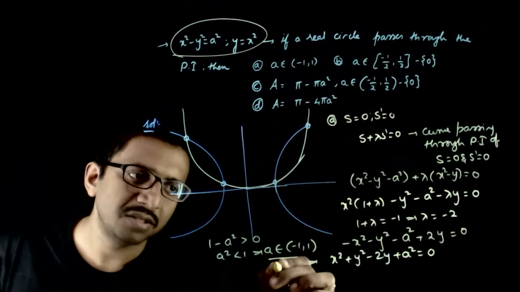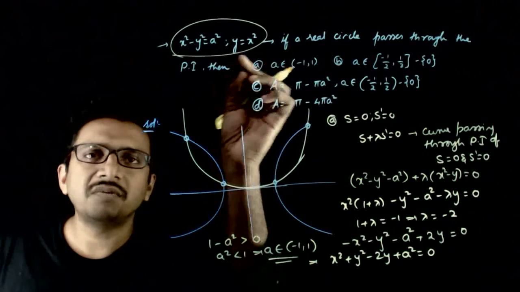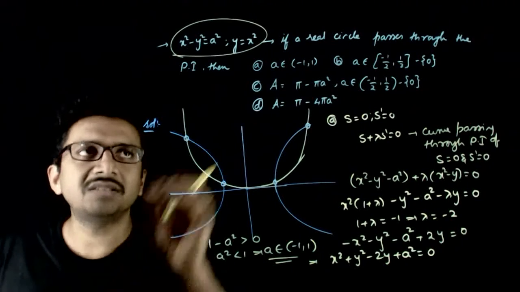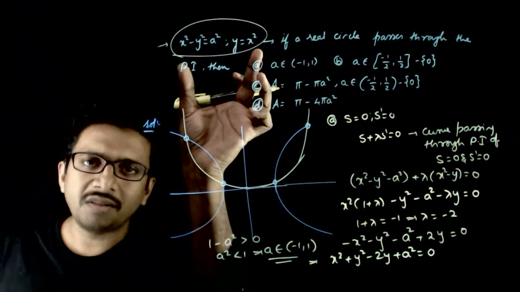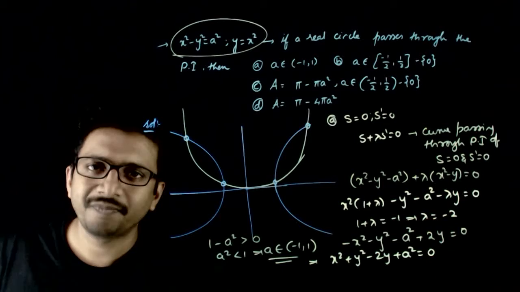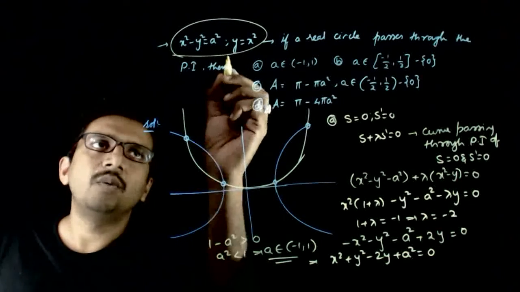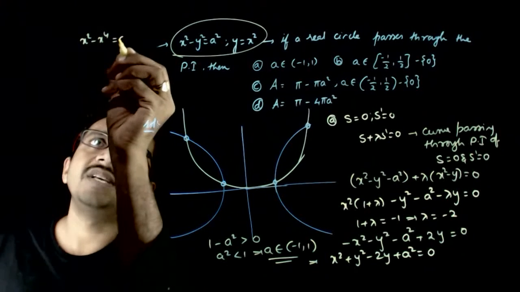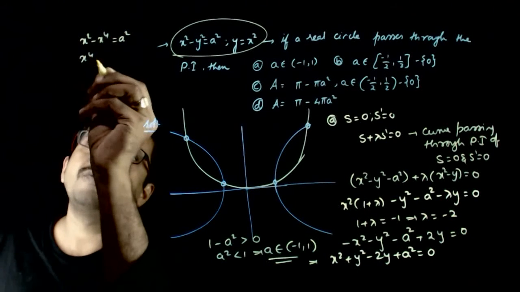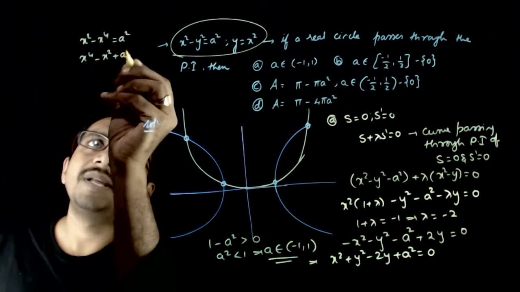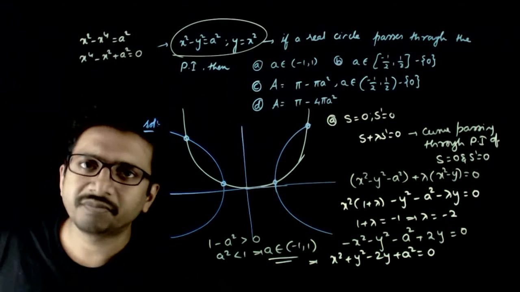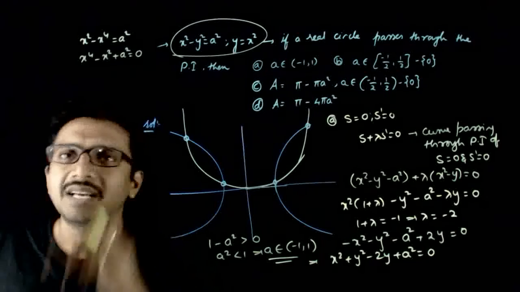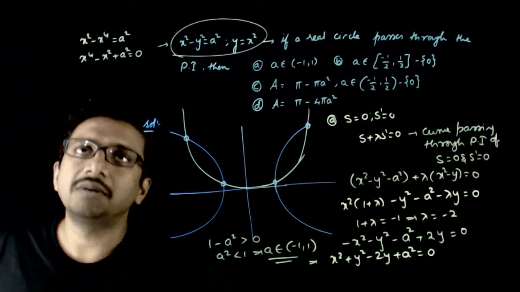When will these two curves have a point of intersection? If I solve them, you should get some finite answers. With y = x², we get x² − x⁴ = a², so x⁴ − x² + a² = 0.